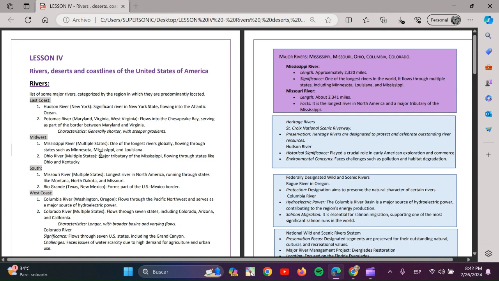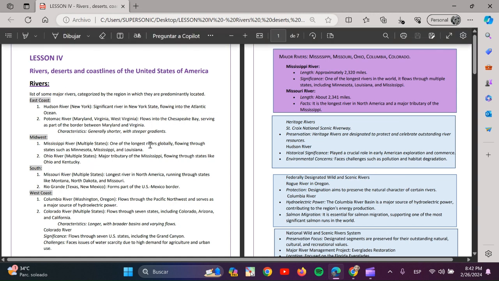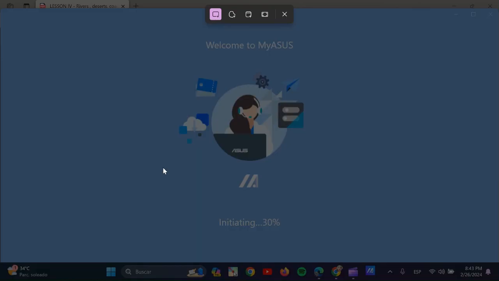In the Midwest, we have Mississippi River. Mississippi River crosses multiple states like Minnesota, Louisiana, and of course Mississippi. Ohio River. This one goes through Ohio and Kentucky.